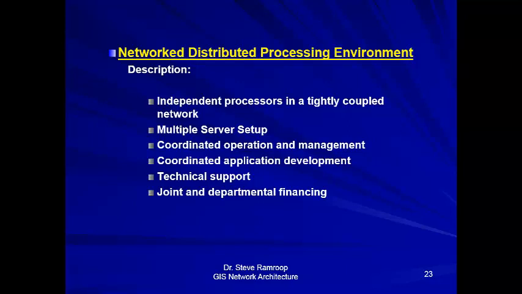Network distributed, we have multiple servers, and each server is going to have copies of the data, and the software is also shared across the different servers. We have coordinated operations and management, coordinated application development, good technical support, joint and departmental finances. I mean, with more servers, it's going to be more expensive, but it's going to be shared across different departments and organizations.